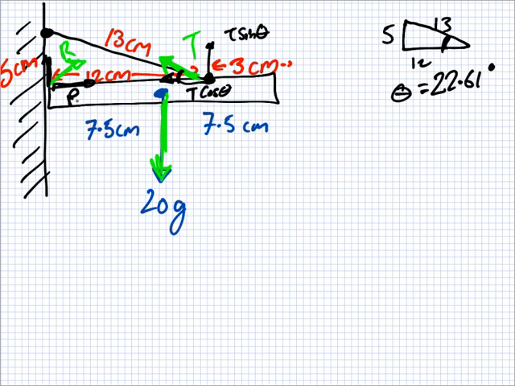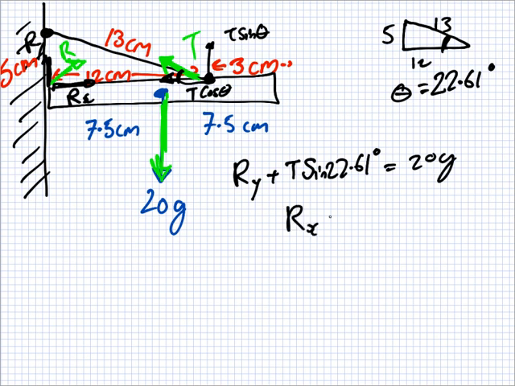I'll just call them OR X and OR Y. So the total up force is OR Y plus T sine 22.61 degrees. That's to equal 20G. And the force to the right, which is Rx, should equal the force to the left, which is T cos 22.61 degrees.